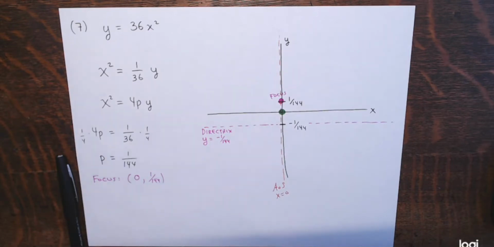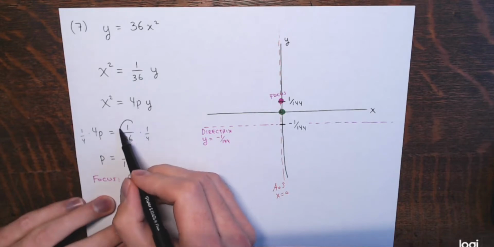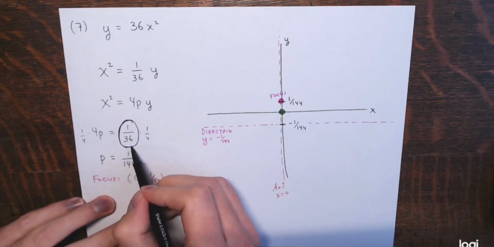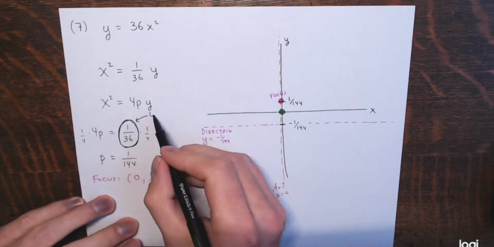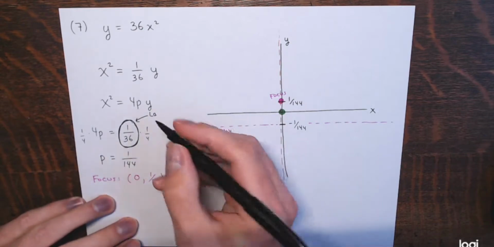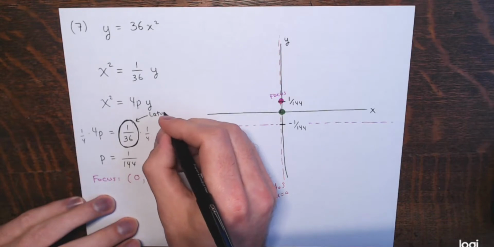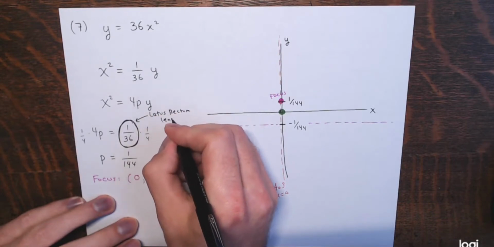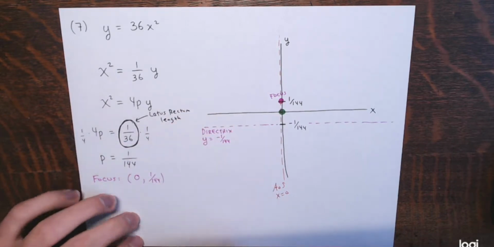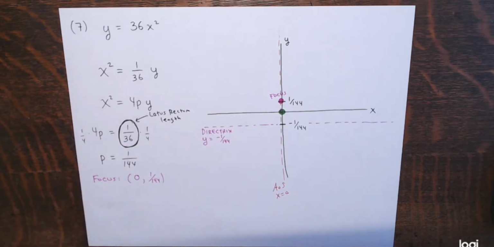All right, and then those ends of the latus rectum: 1/36 was the latus rectum length. That was the absolute value of 4p, still positive 1/36. So the latus rectum length is 1/36. Now if you cut that in half, 1/36 times a half would be 1/72.